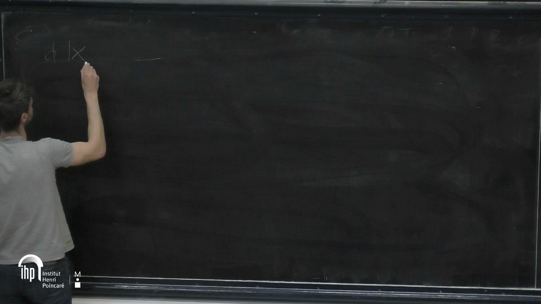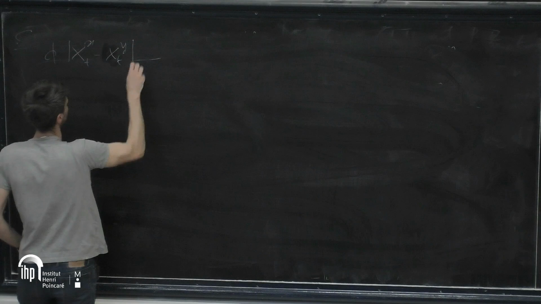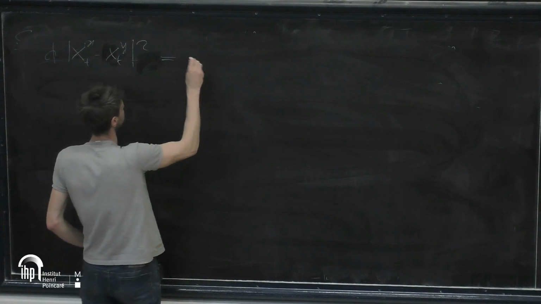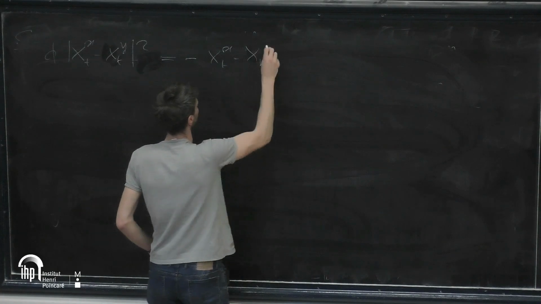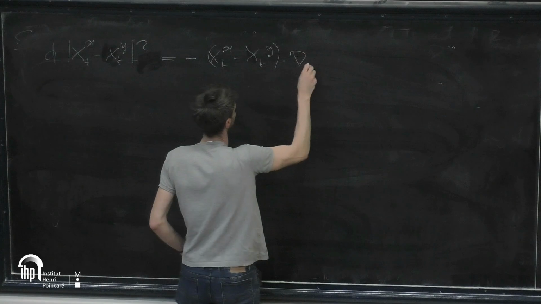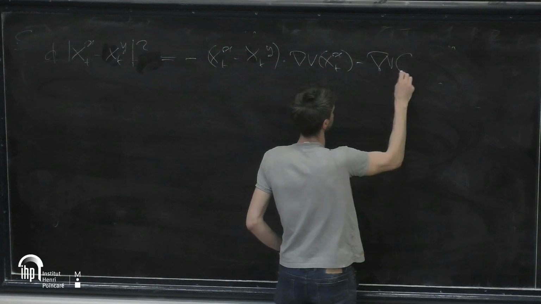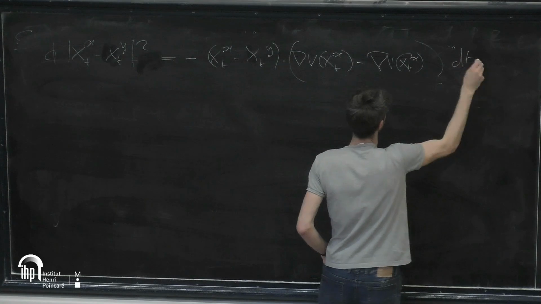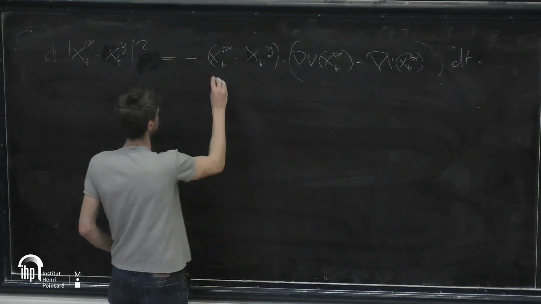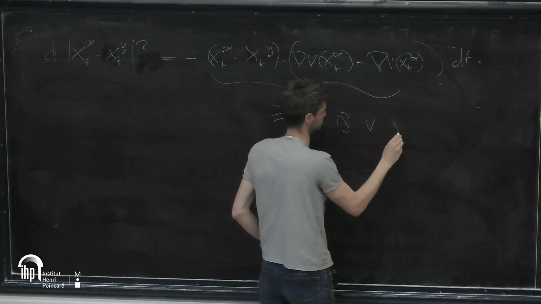So if you look at the derivative of the Euclidean norm squared between the two processes, you will get a minus, and this quantity here is non-negative if V is convex.